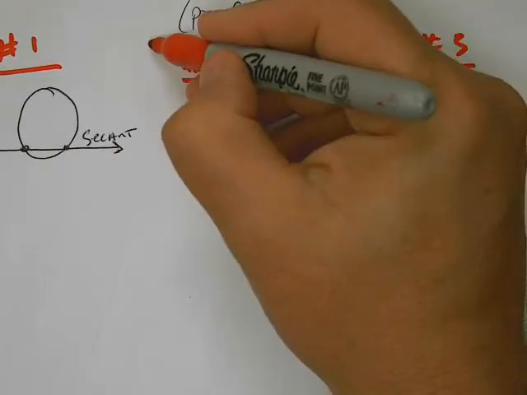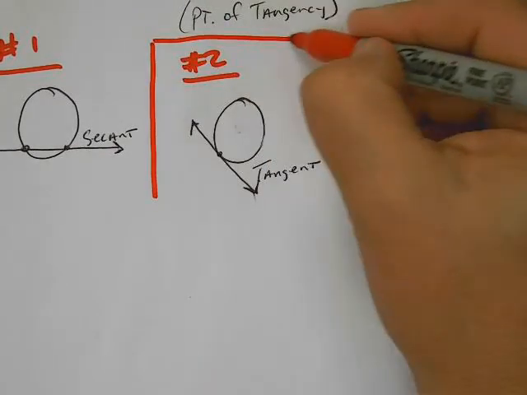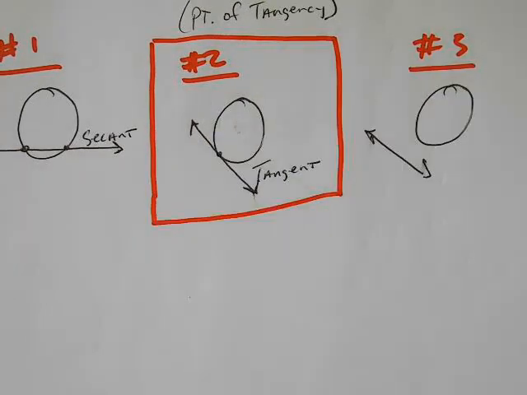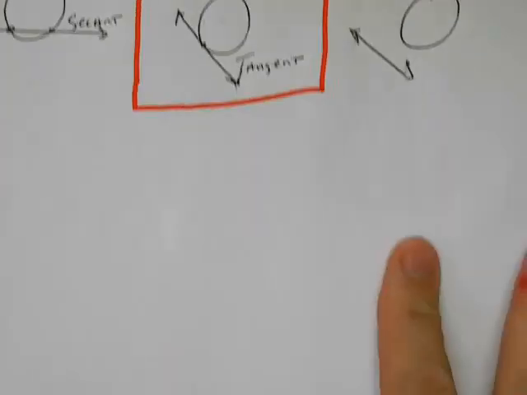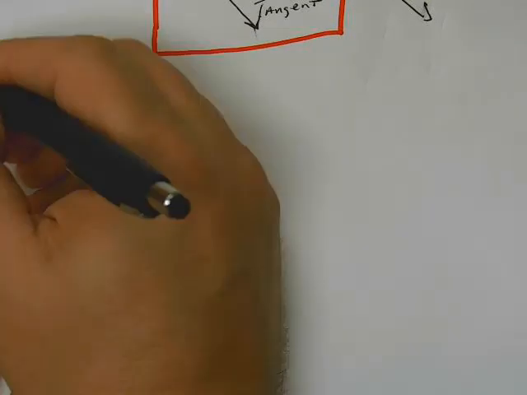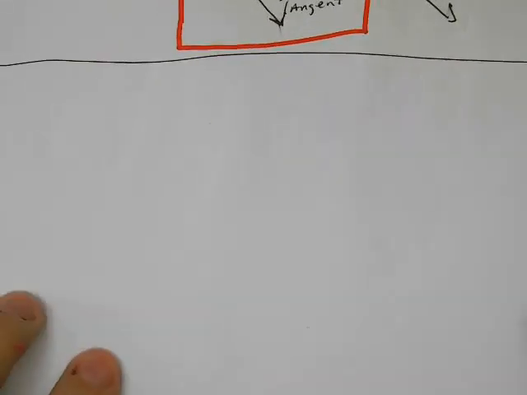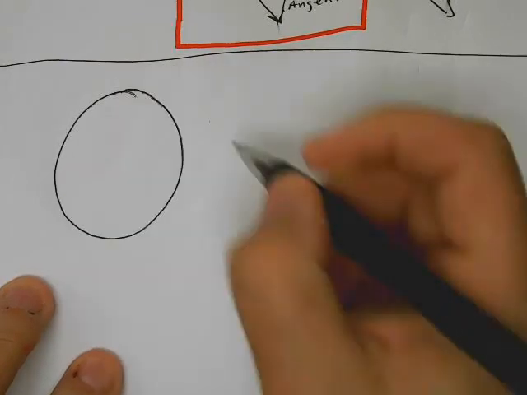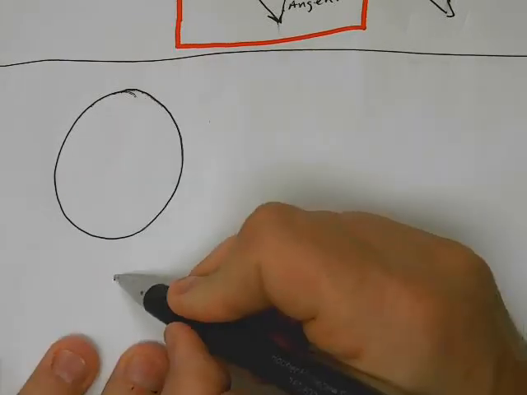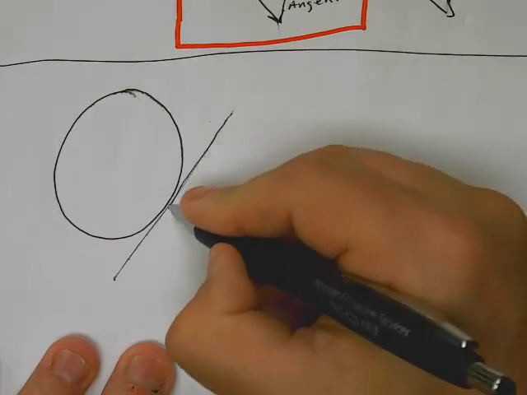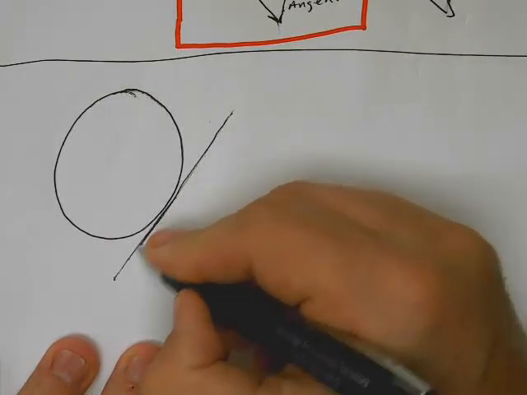So we're going to focus in on that scenario. We have a circle with a tangent. Now let's make a bigger picture with that. I have a circle and I have a tangent. It doesn't matter where you make the line or which side of the circle.